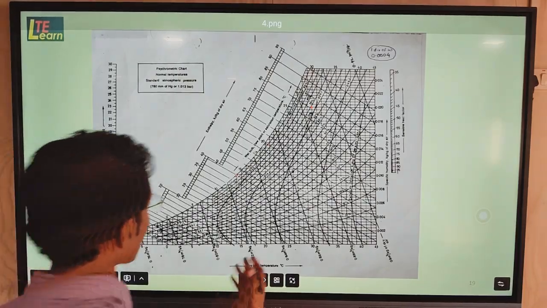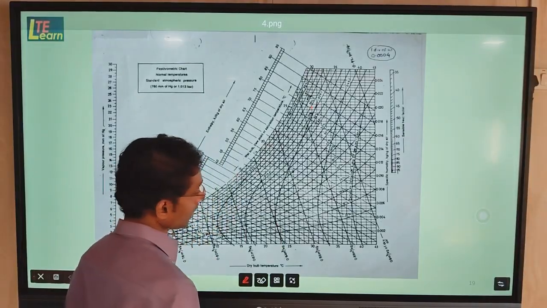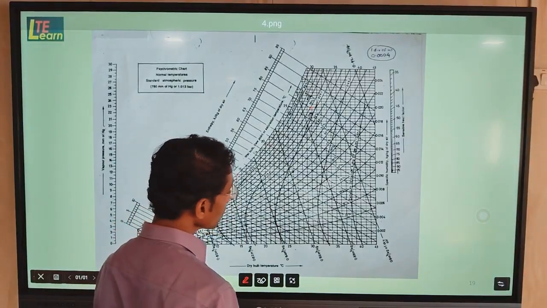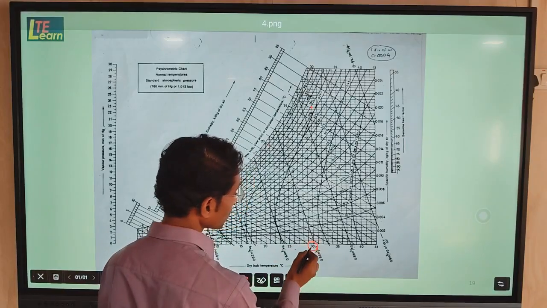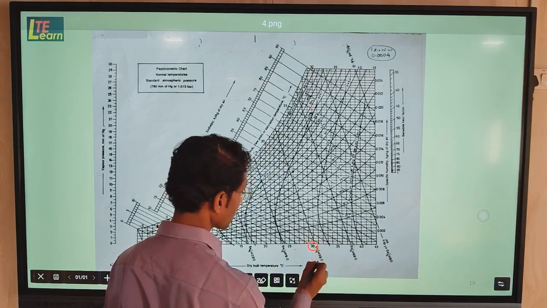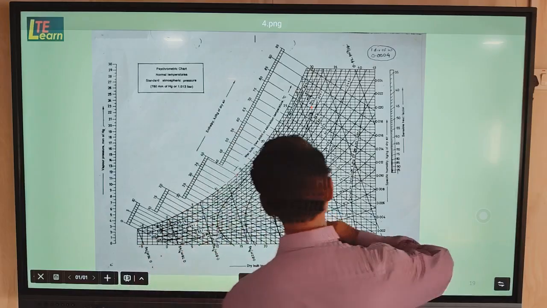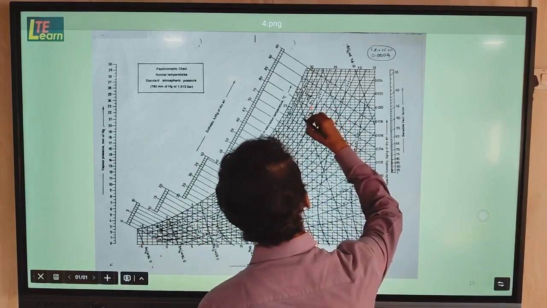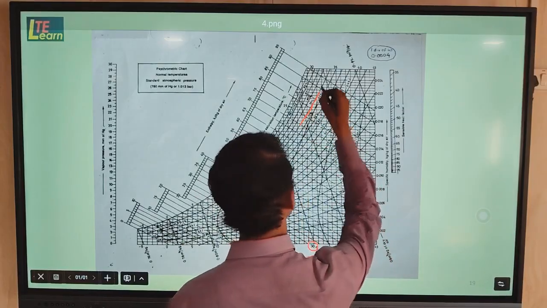So this is an actual psychrometric chart. On the chart, the inlet condition is 30 degrees Celsius DBT. So we find this point, 30 degrees Celsius, that is TD1. From this we have to go to the 75% RH line. So this is the 75% RH line.